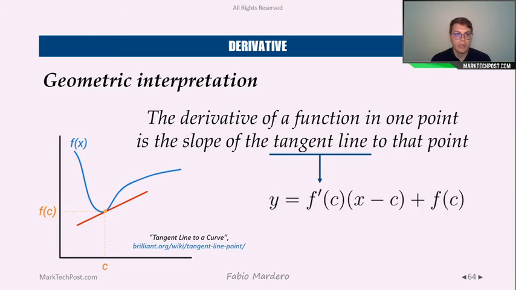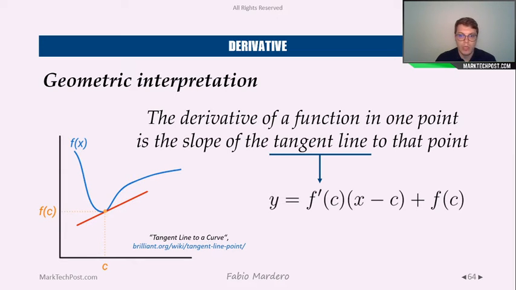Now let's look at the geometric interpretation of the derivative. The derivative of a function at a point is the slope of the tangent line at that point.